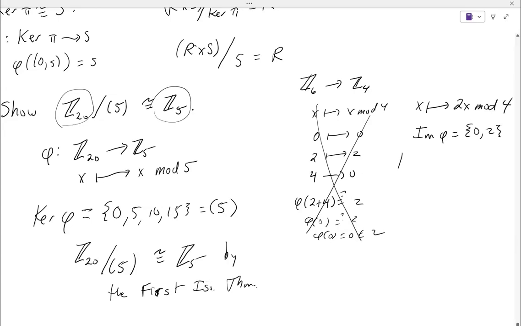What's the kernel? Even numbers? The even numbers mod 6, right? So 0, 2, 4, which is just the ideal generated by 2.